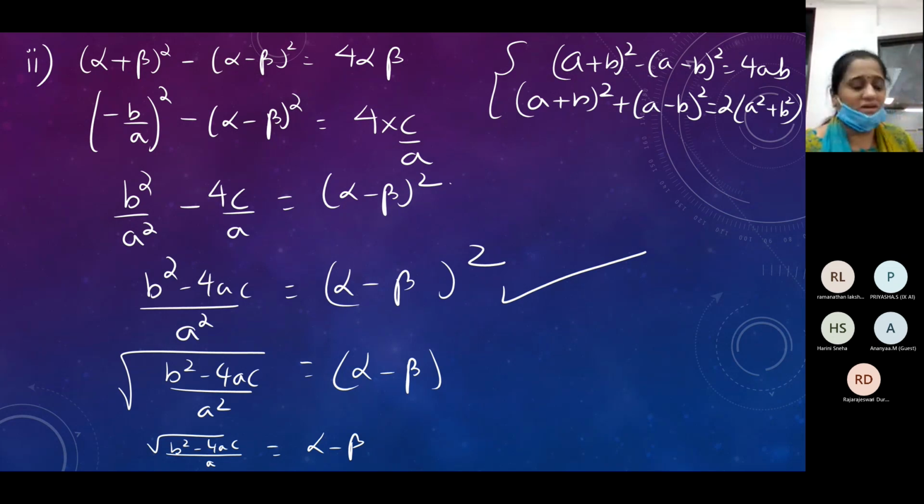How will you get it? What have you written? Alpha square plus beta square is alpha plus beta the whole square. Please wake up. Alpha square plus beta square, and in the next step you have written a plus b the whole square.